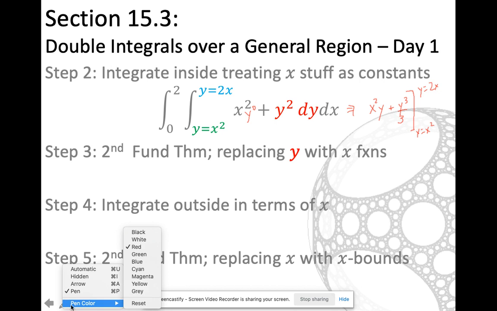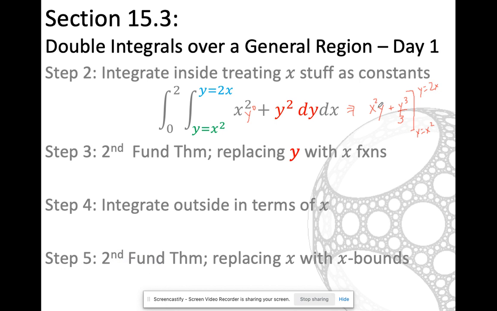So replace the y's. Using the second fundamental theorem, replacing the y with my x functions, or my functions in terms of x. So what do I have?